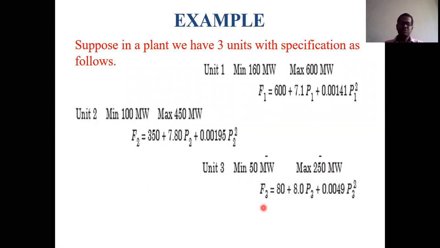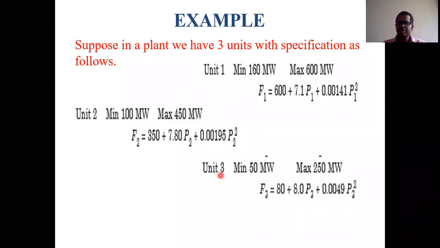So in your power plant, we have 3 units. Listen very carefully, because once you understand this problem, then easily you can understand what we are going to discuss in this class. We have unit 1, unit 2 and unit 3.